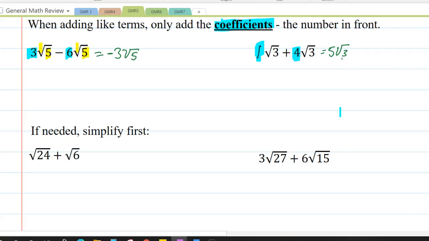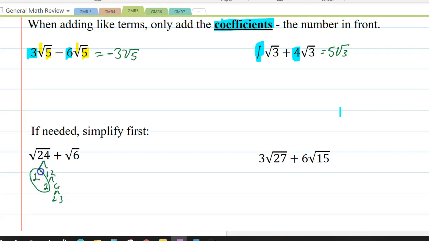Sometimes they look different, so I need to simplify them first. Square root of 24 can be simplified into 2 times 12. 12 breaks into 2 times 6, and 6 breaks up into 2 times 3.